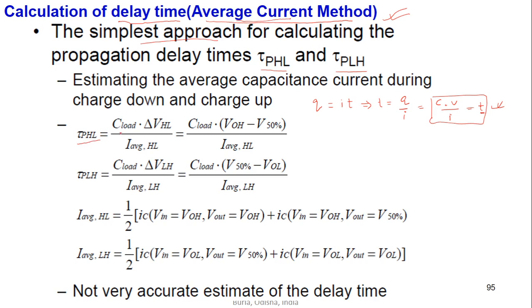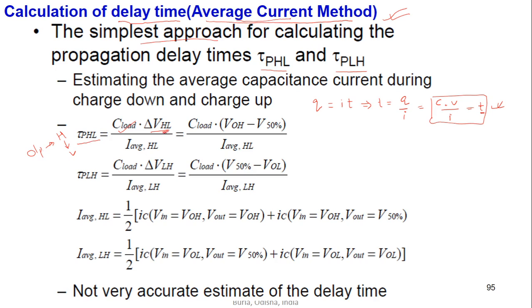This is given as C into delta V by I average HL, where C is the load capacitance, and delta V HL is the change in output voltage when the output goes from high to low.